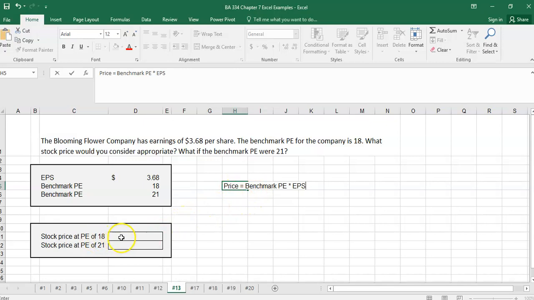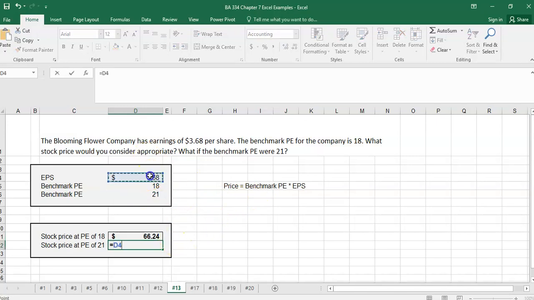So at a PE, remember that's the price earnings ratio, and the EPS is the earnings per share. So we're just revisiting formulas from chapter 3 that are also being used in this chapter. So for the price of the stock, we take the earnings per share times the PE ratio, or the price earnings ratio.